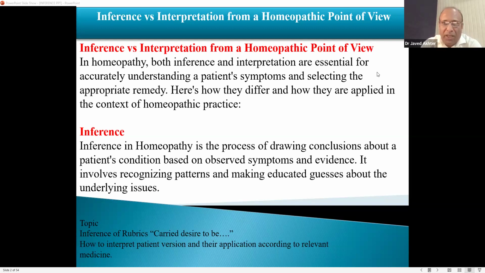Here is how they differ and how they are applied in homeopathic practice. Inference in homeopathy is the process of drawing conclusions about the patient's condition based on observed symptoms and evidence. It involves recognizing patterns and making educated guesses about the underlying issue.